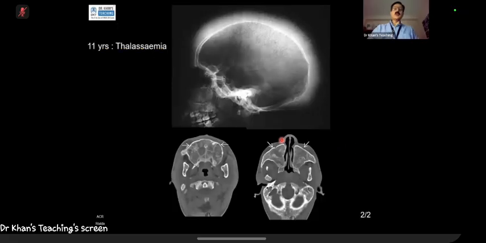Okay, let me take over. Now, this is again thalassemia. What is happening is that the diploic space is thickened, and they give this classical sun ray appearance, as the candidate pointed out, or we also call it hair on end appearance.